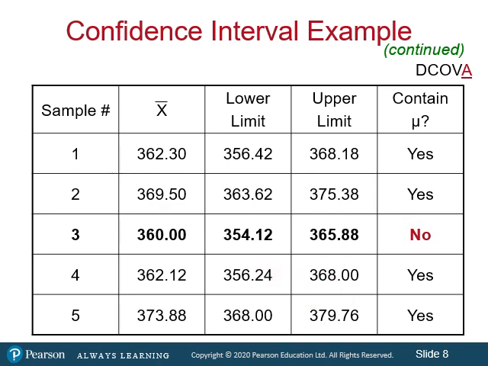Sample 4 and sample 5 still contain it. That is why in some samples the x bar will be higher than the mu value, and in some it will be lower than the mu value.